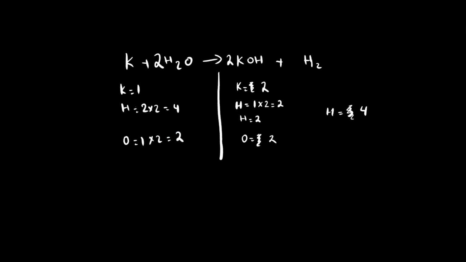So we've balanced out our hydrogen by having 4 hydrogen on the left, 4 on the right. We've balanced the oxygen by having 2 on the left, 2 on the right. And now the only thing we need to balance is the potassium. We have 2 on the right, 1 on the left. So that's an easy fix. Just introduce a coefficient of 2 on the left hand side.